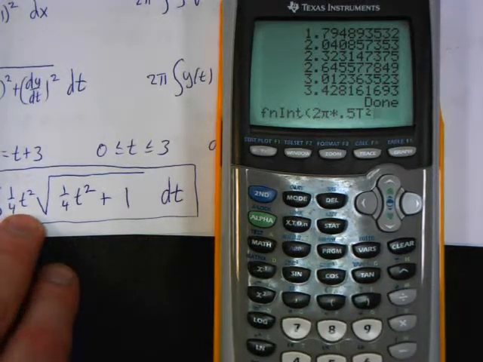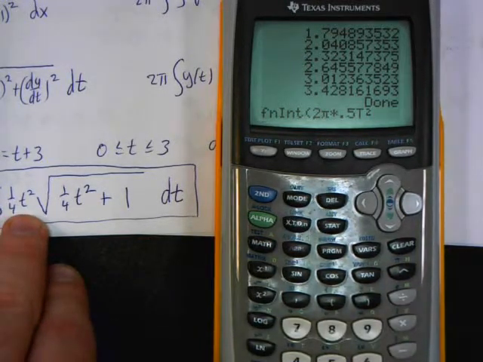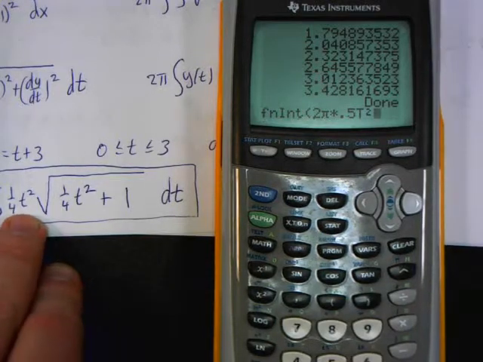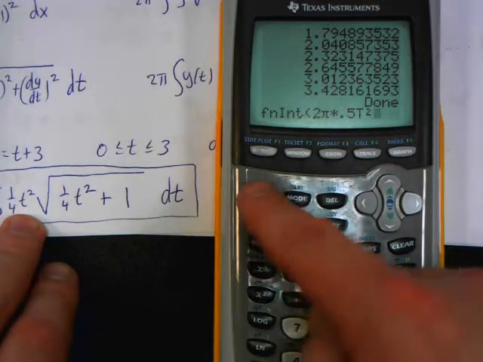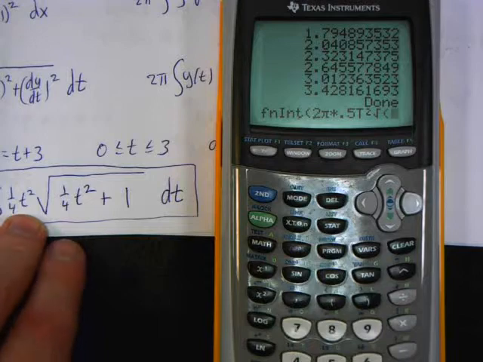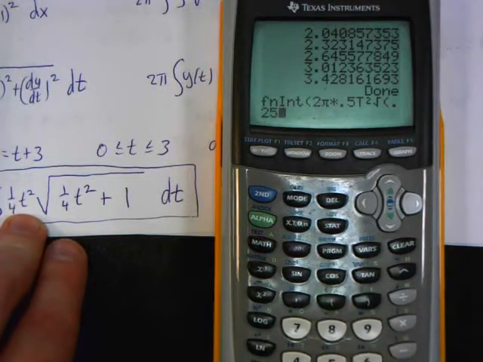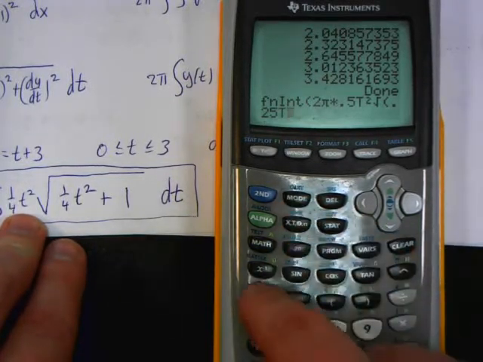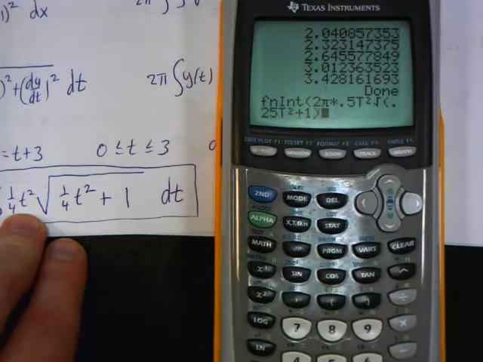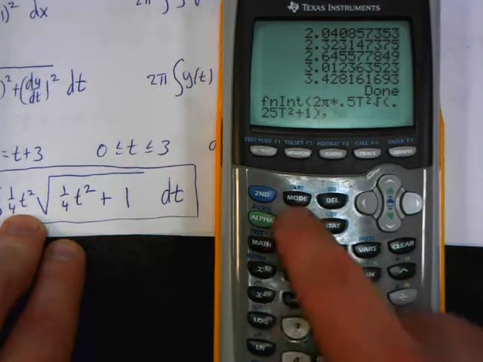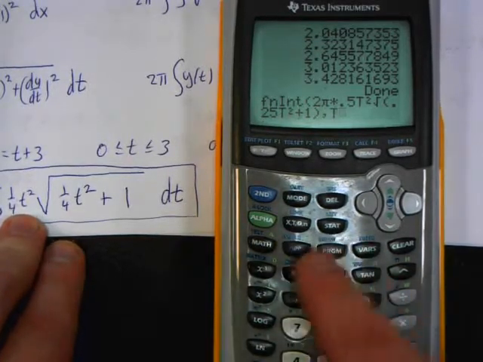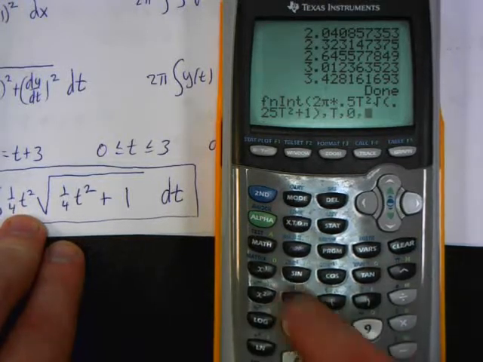My calculator happens to be in parametric mode, so it's giving me the t when I push the xt button, times the square root of 1/4 t squared plus 1, comma, t is my variable, comma, start at 0, end at 3.